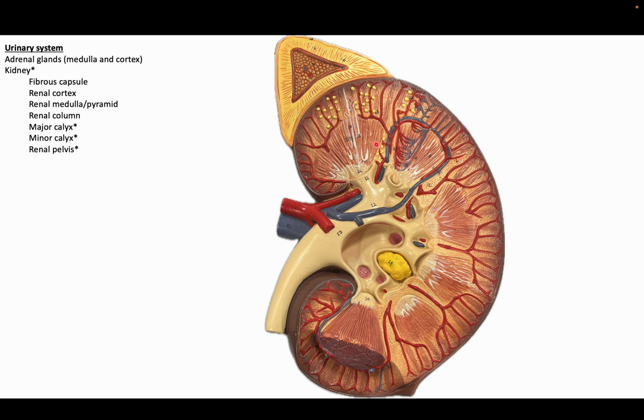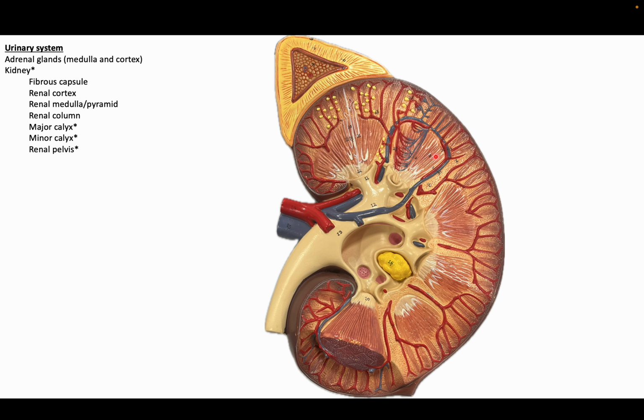In the renal medulla, you can see that there are these tiny striations. These tiny striations right here are called the renal pyramid. So renal medulla, and inside the renal medulla, you can see the striations that are the renal pyramid.